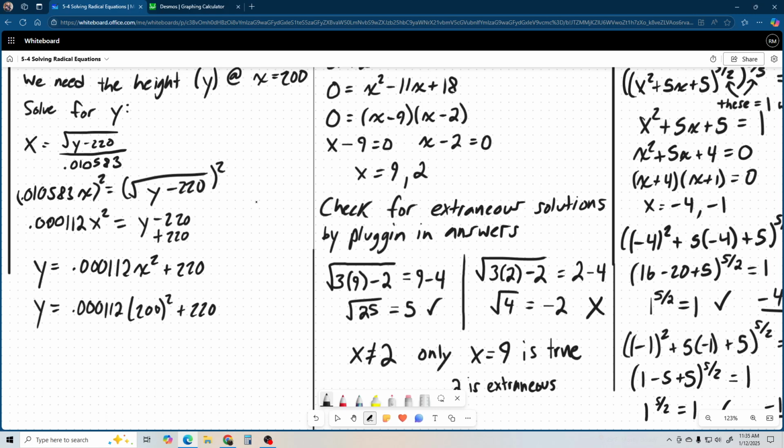right? And I'll just tell you the math here. This here is like 20.48, sorry. This ends up being about 20.48.